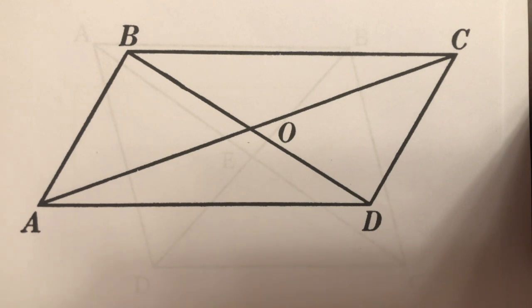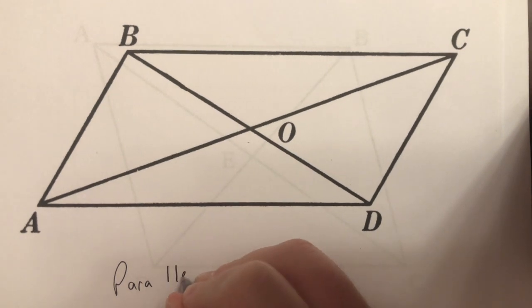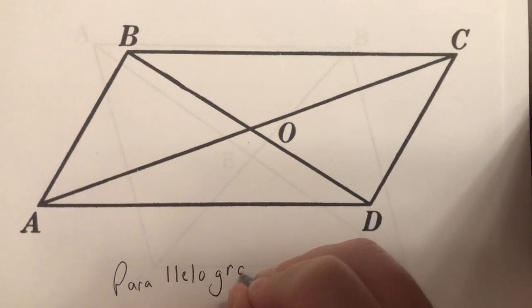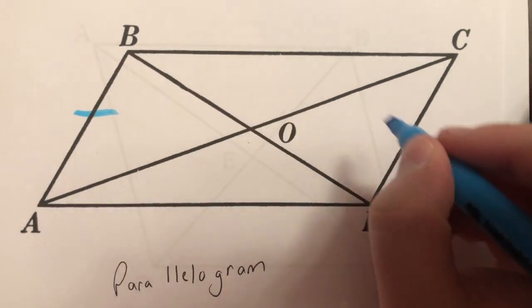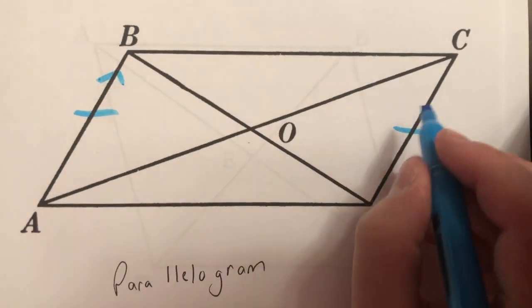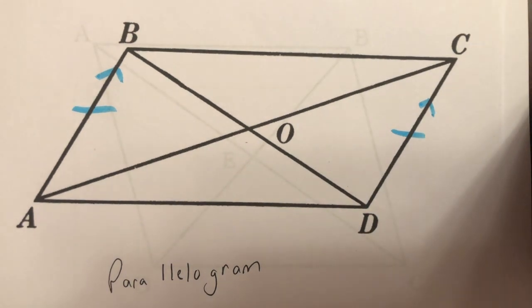So this is a parallelogram. In a parallelogram, opposite sides are congruent and parallel.